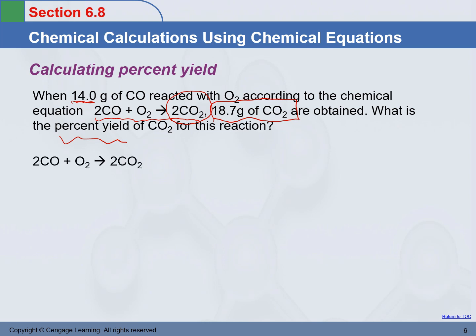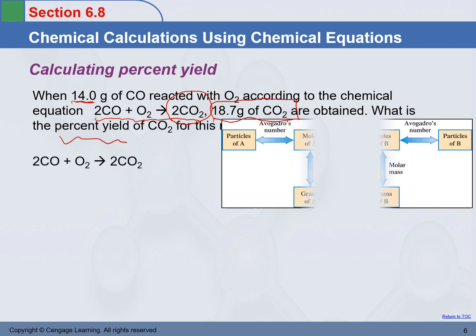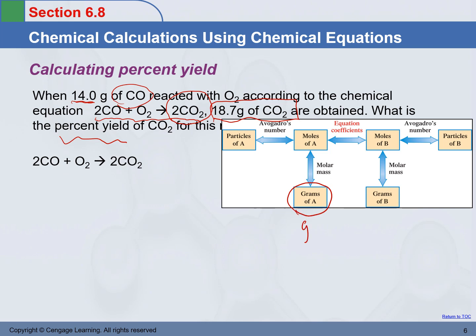So let's do it. Okay, let's use our flow chart again. What do we know? We know grams of carbon monoxide. We know grams of something. This is what we know. A, in this case, is carbon monoxide. We want to know how many grams of B could be produced theoretically, the grams of carbon dioxide.